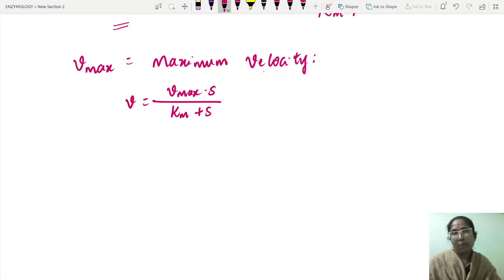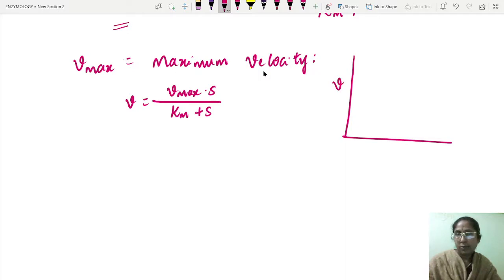rectangular hyperbola. This equation is in the form of a rectangular hyperbola, and thus if we plot a graph of V versus the substrate concentration, we are going to have a graph like this. If we plot a graph of V versus S, we are going to have a curve which is the rectangular hyperbola.